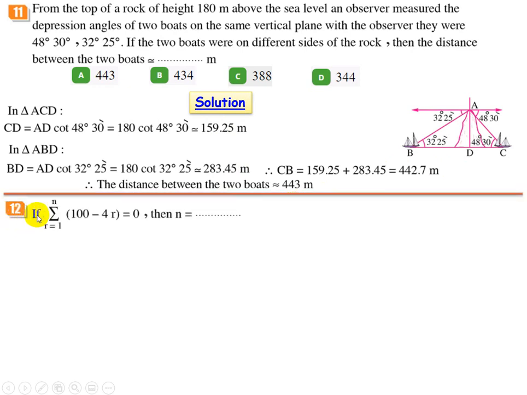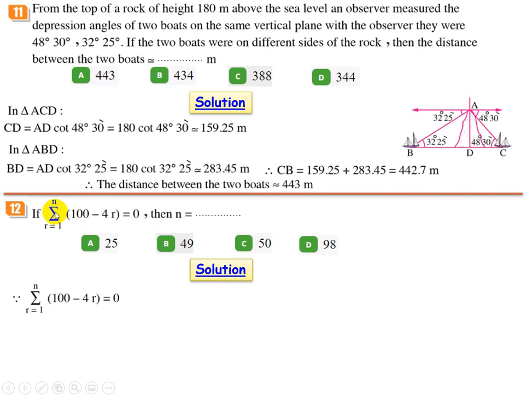Number 12. Summation from r equals 1 to n of 100 minus 4r equals 0. Then you want the value of n. After distributing the summation in the bracket, it will be summation from r equals 1 to n of 100, which means 100n, minus 4 times summation of r, using the rules, n times n plus 1 over 2.